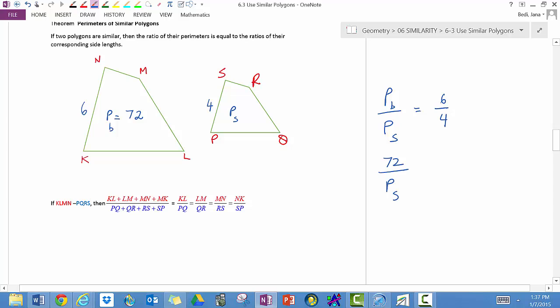We want to find PS, so this is 6/4. Cross multiply, you get 72 times 4 equals 6 PS. Divide by 6 and divide by 6.